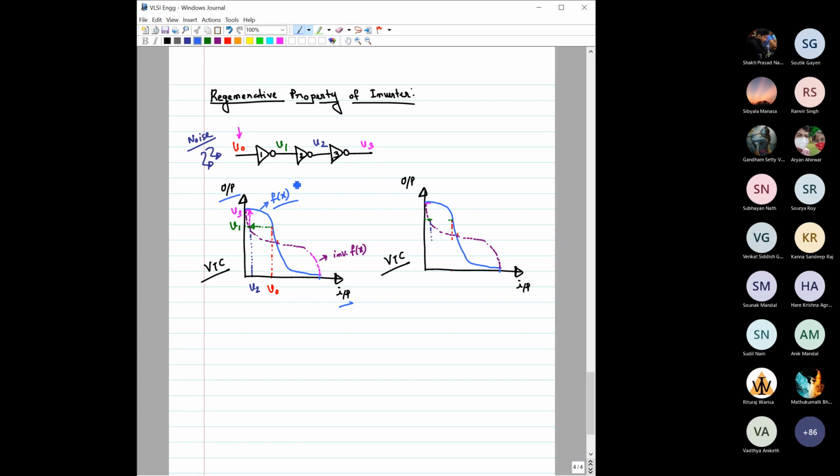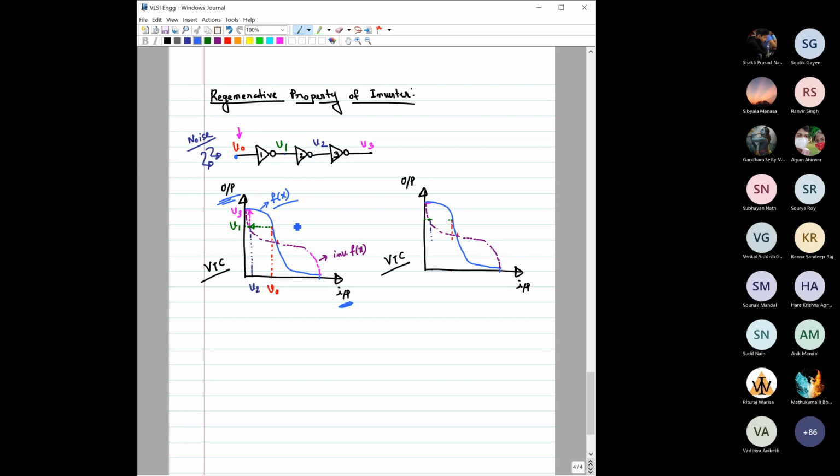But see, this is the input, right? For gate 1, I have written this is the input, this is the output, so I can draw it like this. But what about gate 2? The output of gate 1 is now connected to the input of gate 2.